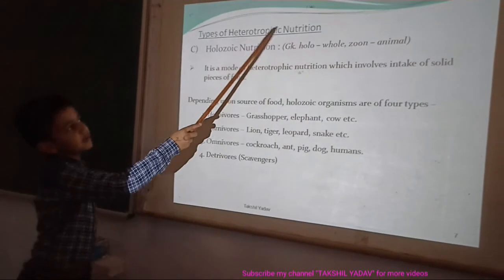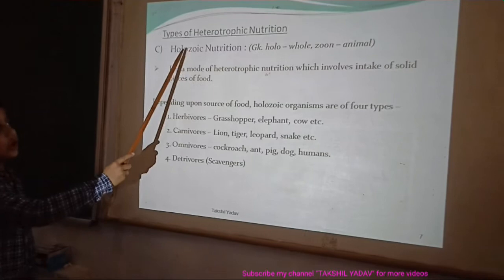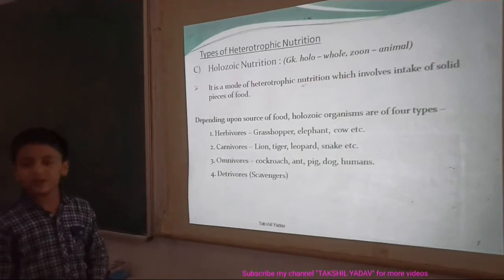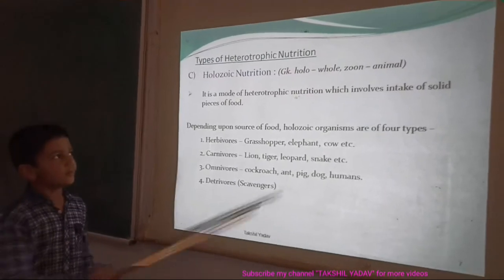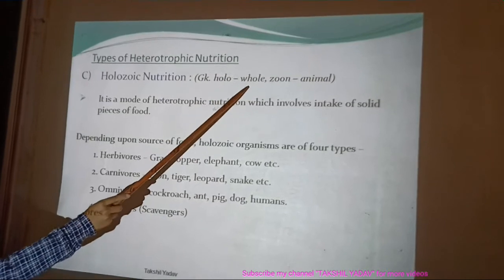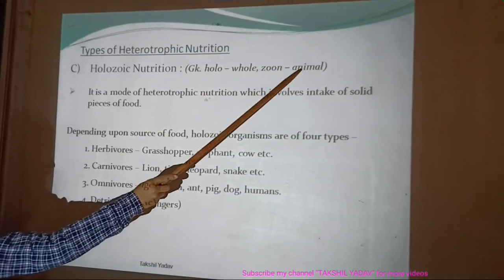The third type of heterotrophic nutrition is holozoic nutrition. The word holozoic is derived from two Greek words, holo and zoon. The word holo means whole and zoon means animal.